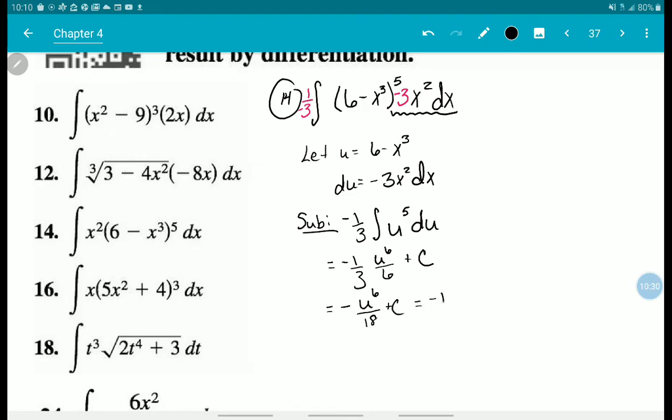Or we could write that as negative 1/18 u to the 6th plus c. So then if we sub back in, this was the integration step. So if we sub back in, we're going to have negative 1 over 18 times 6 minus x cubed to the 6th plus c.